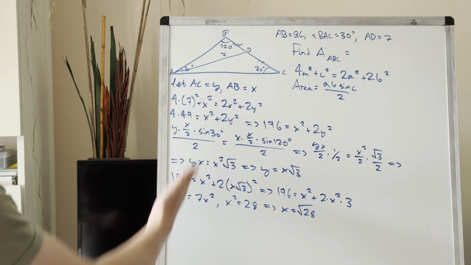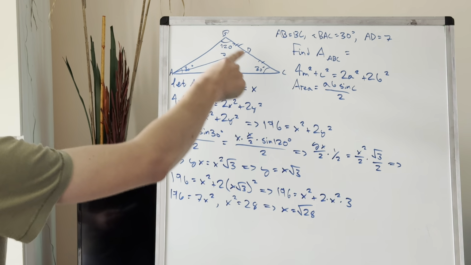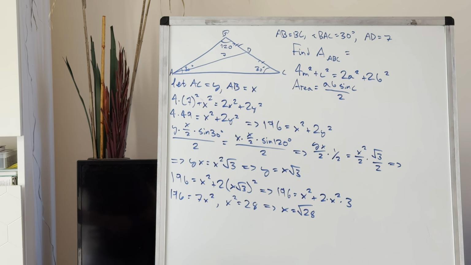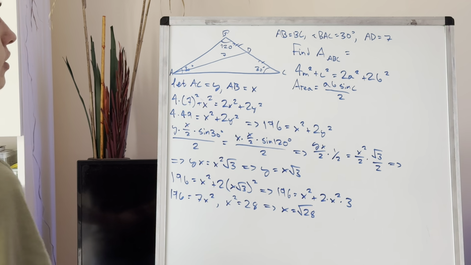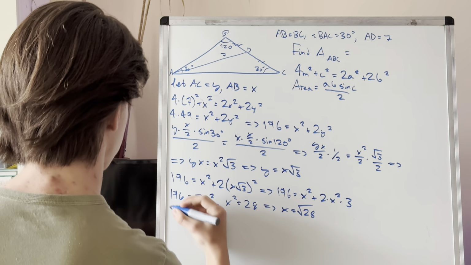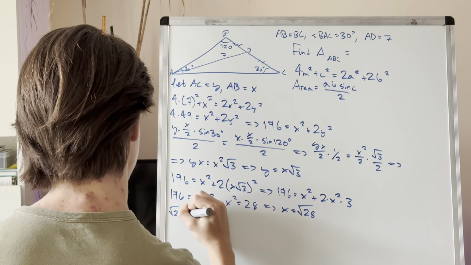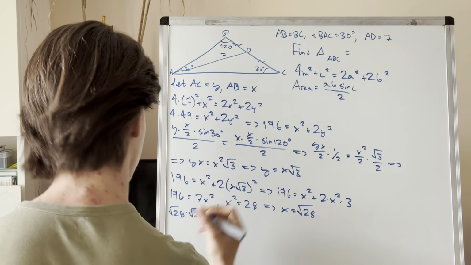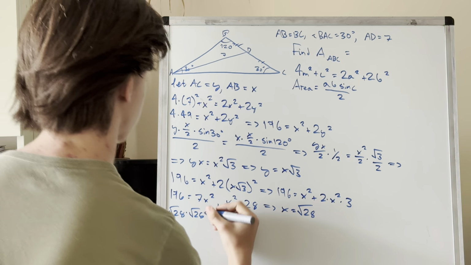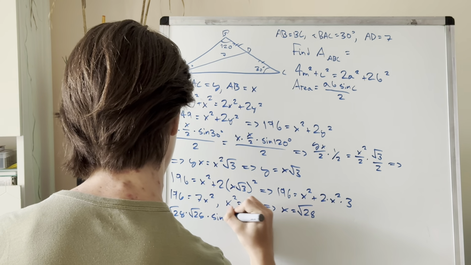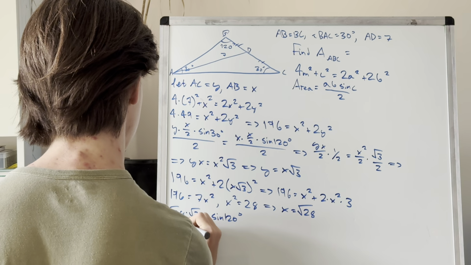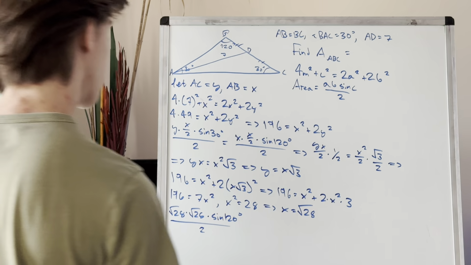So we have at last found x, which is root of 28. Perfect. Let's plug it into our final equation, AB times BC times sine of 120 over 2, and that will be the area of the whole triangle. Okay? We have root 28 times root 28. Oh, I forgot, yeah, it's the area of the triangle. Times sine of 120 over 2.